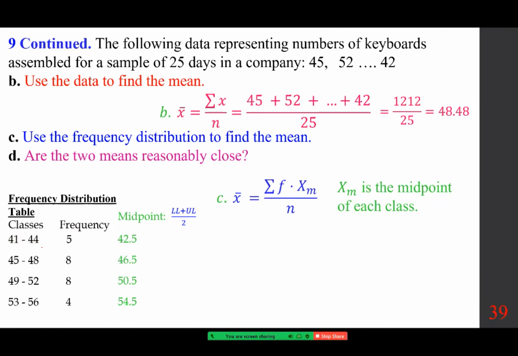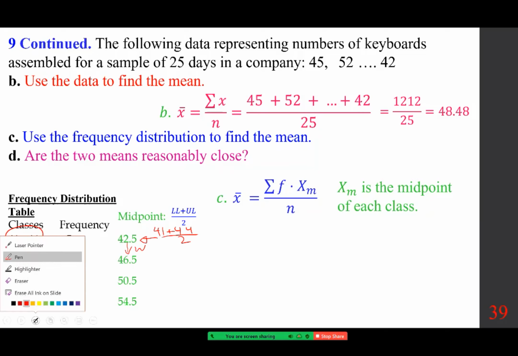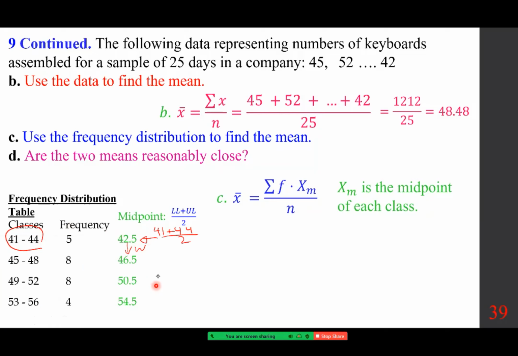As an example, the first one would be 41 plus 44 divided by 2, which is 42.5. And notice all you have to do, add the width. And the width was 4. Add the width again, add the width again. So as long as you calculate the first one, the rest are fine. So they are assuming, since they don't have the complete data, everything is close to the midpoint.